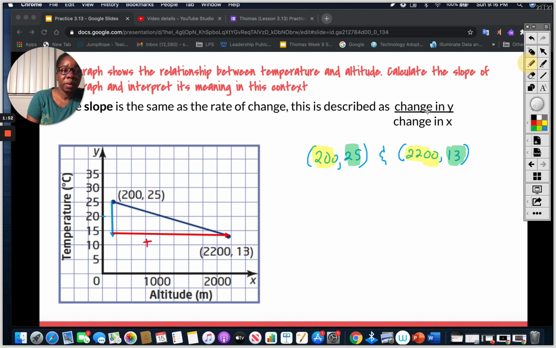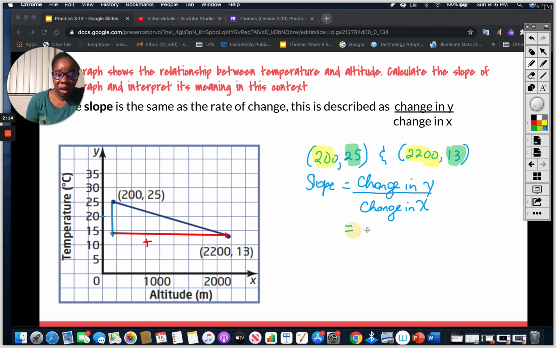So the slope of the line, slope is equal to change in y divided by change in x. My change in y, I'm going to use my second point.